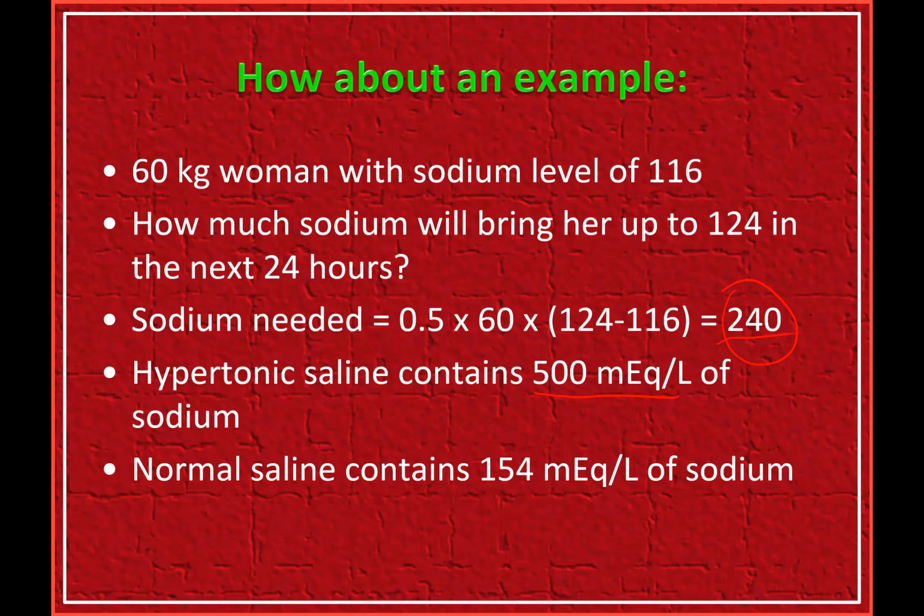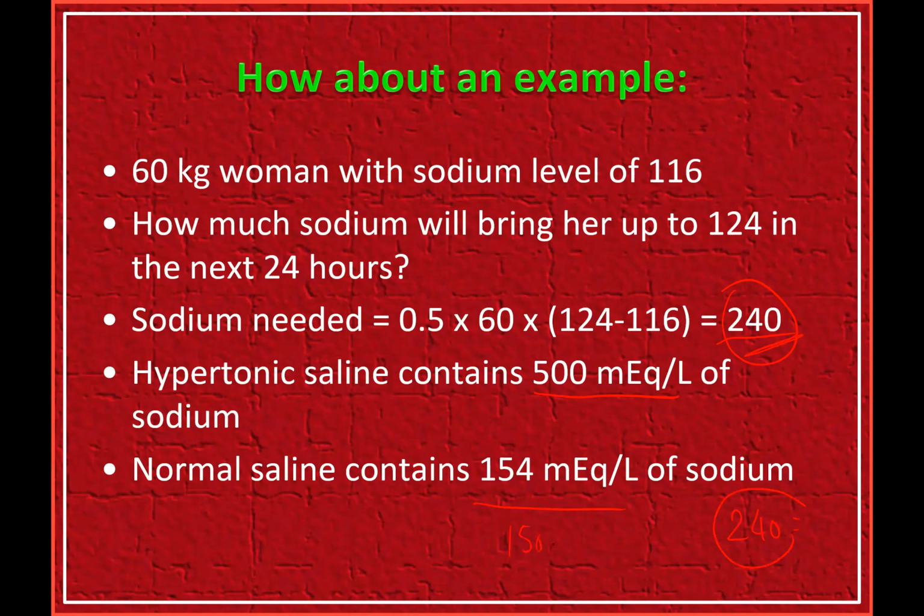Supposing I am not using hypertonic saline, or I used to start with it and then I wanted to shift to normal saline, then I must know that 1 liter of normal saline gives roughly 150. If this man has to be given only normal saline, 240 is the required increment, but each liter will give 150.